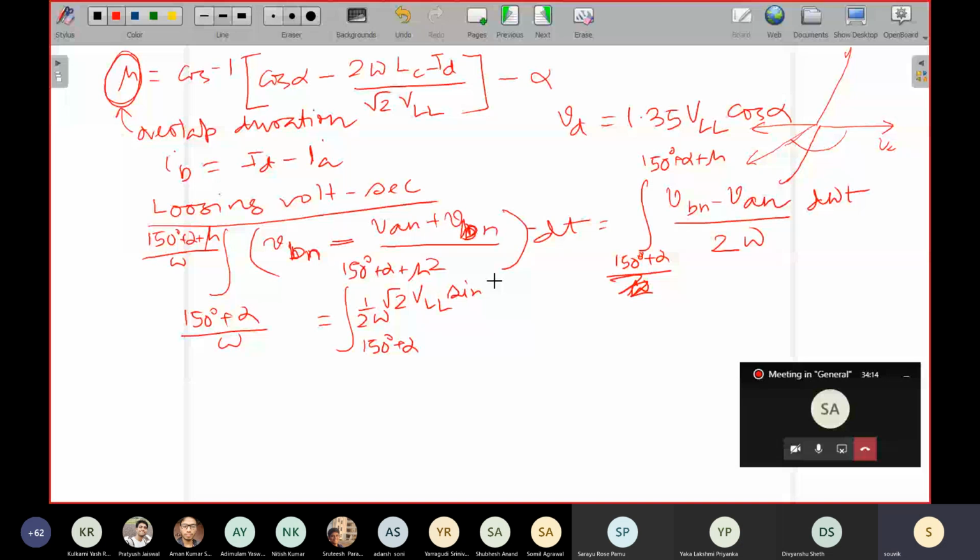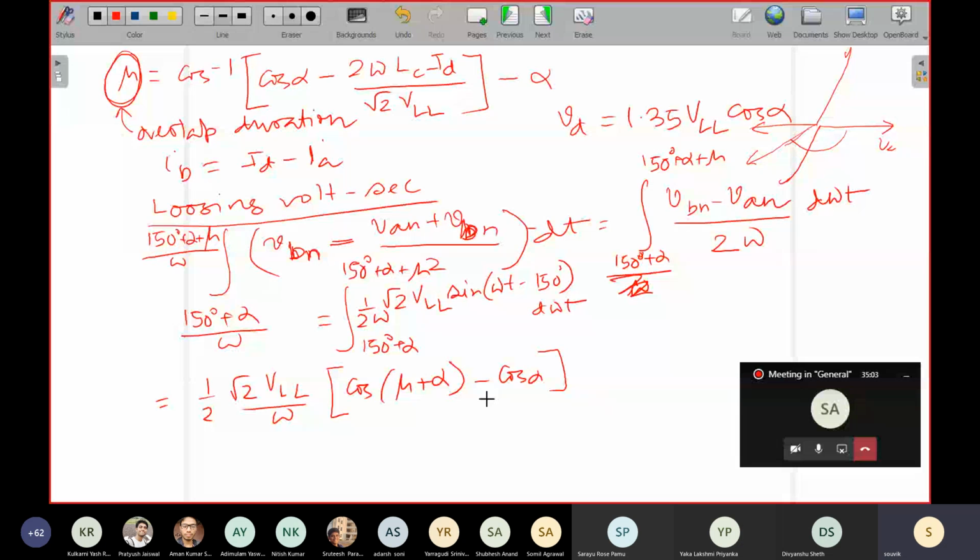If you continue this integration, you will see that the amount we get is half root 2 VLL by omega into cos of mu plus alpha minus cos alpha, the expression that we had found earlier.